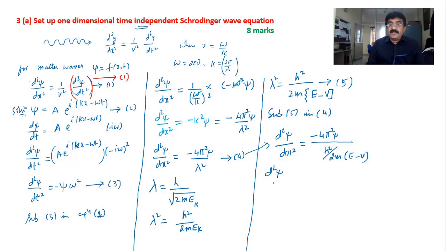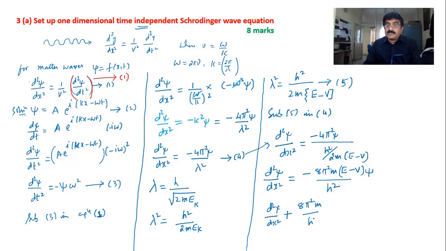So d square psi by dx square is equal to minus 8 pi square m. See, this 2m goes to the numerator into E minus V also goes to the numerator into psi divided by h square. Please follow carefully. Therefore d square psi by dx square plus, I take it to the LHS, 8 pi square m by h square into E minus V into psi equals 0.